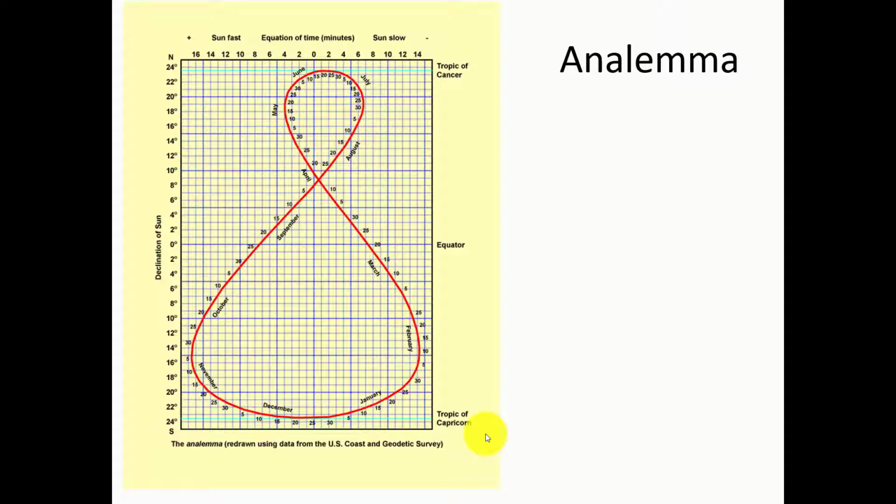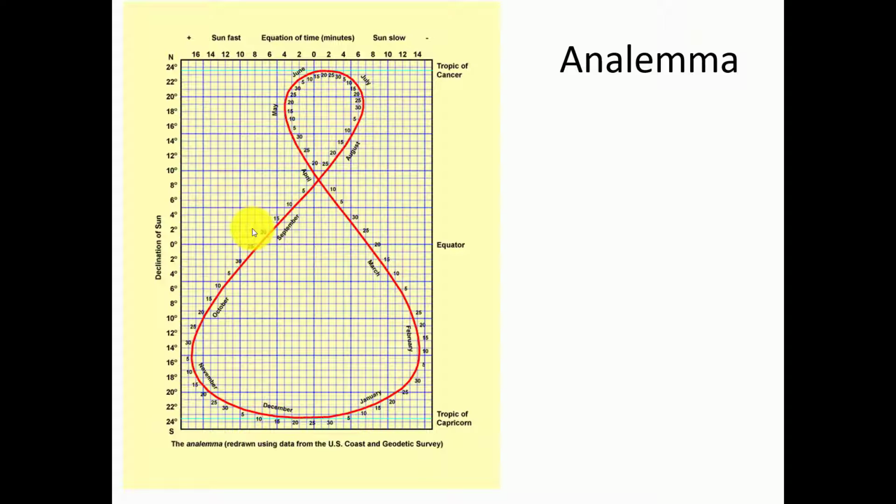So, for example, I want you to locate September 15th. Here's September, and we see 15 is right here. You do not need to be very accurate or specific. I want you to do the best you can.